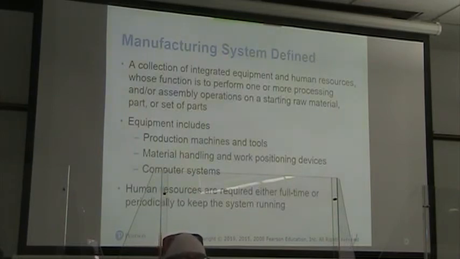Our equipment includes production machines and tools, material handling and work positioning devices, and computer systems. Our human resources, depending on our setup, may be required full-time or periodically to keep our system running.